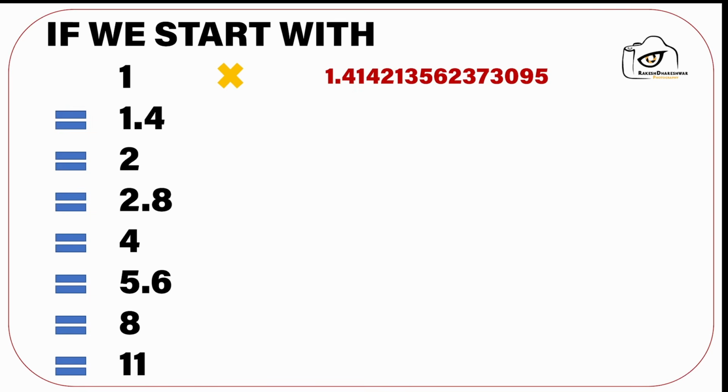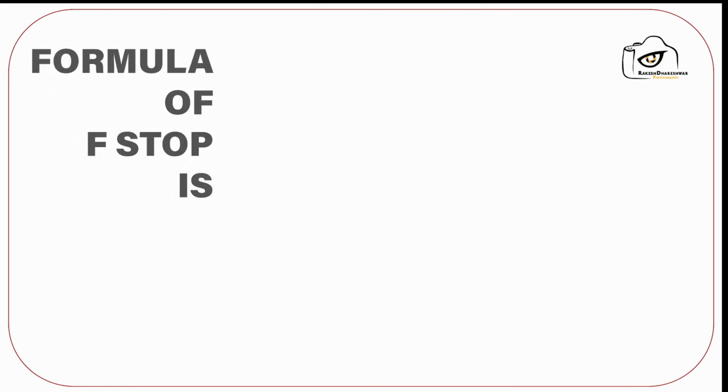Each stop is basically multiplying by the square root of 2, which is approximately 1.4. So those numbers are not random. They are not made by evil engineers. They're based on geometry, area of the circle, and doubling or halving of light.